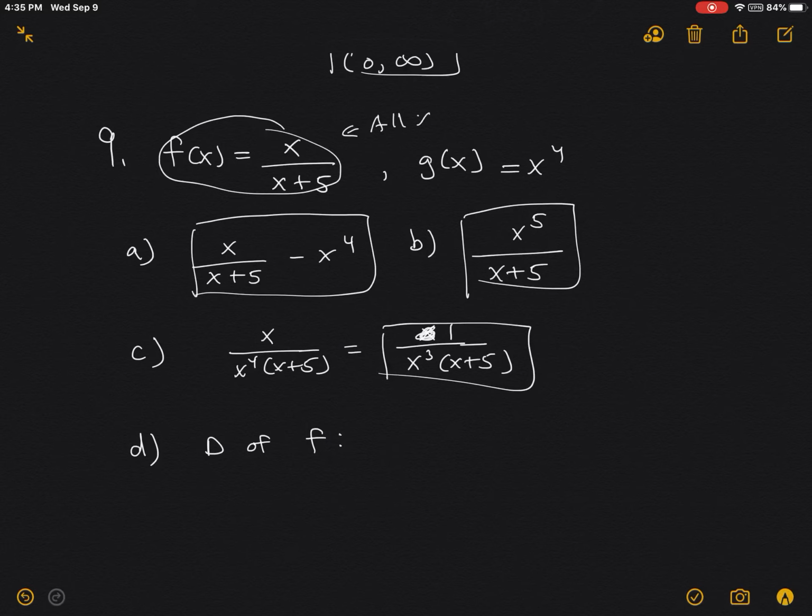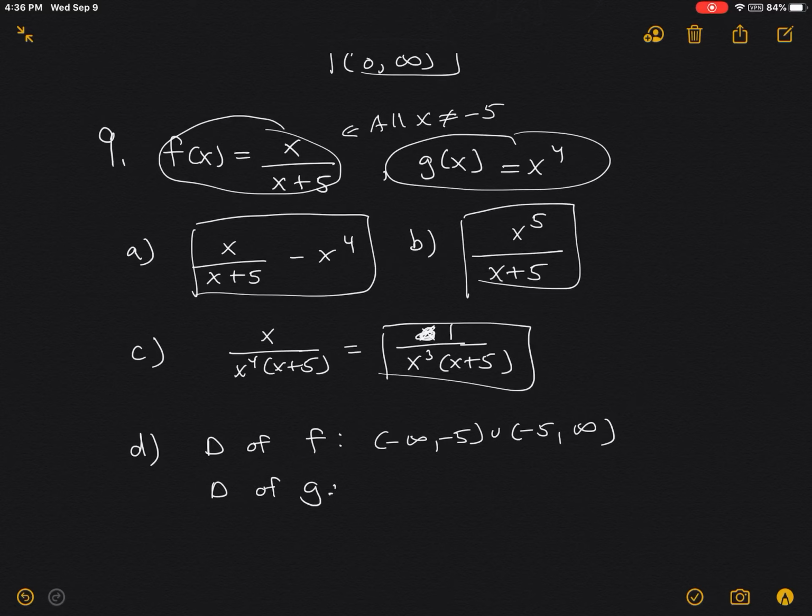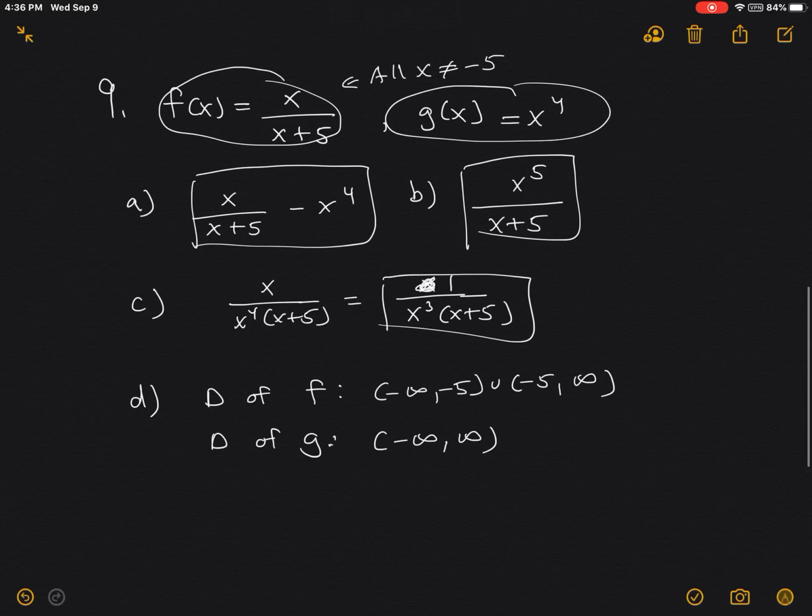Domain of f. The domain of f includes all x cannot equal negative 5, okay? So all x cannot equal negative 5 would be minus infinity to negative 5, union, negative 5 to infinity. The domain of g, this is a polynomial function. For polynomial functions, the domain is just all real numbers.